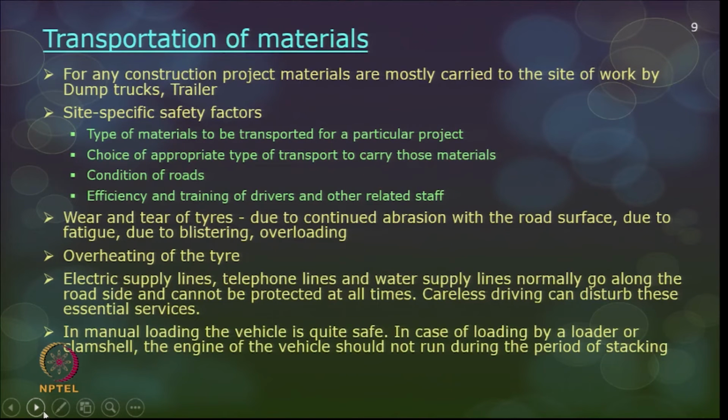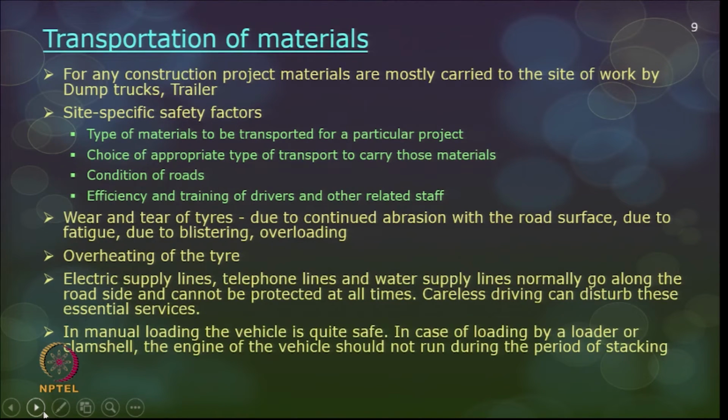Wear and tear can happen due to continuous abrasion with the road surface, because the wheels are moving along the road, so there is friction. It can also happen due to fatigue, especially when you are loading the trucks or trailers much more than the normal capacity. The equipment may suffer fatigue, blistering, overloading, and overheating of the tires.